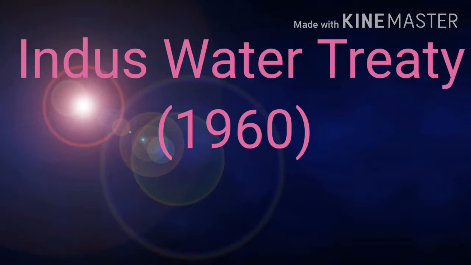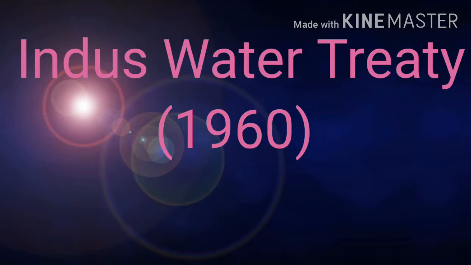Students, according to this treaty, India can utilize 20% of water in the states like Punjab, Himachal Pradesh, and Jammu and Kashmir for agriculture and irrigation practices. That means this water is used for irrigation in Punjab, Haryana, and the southern and western parts of Rajasthan.